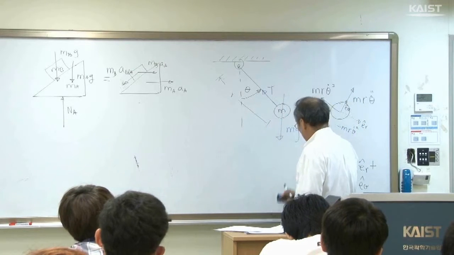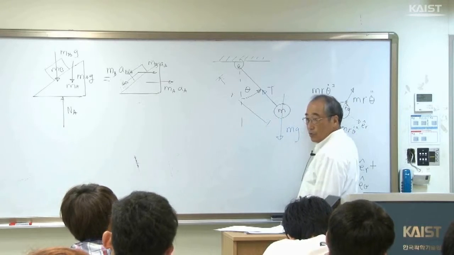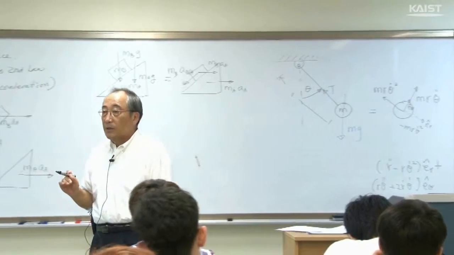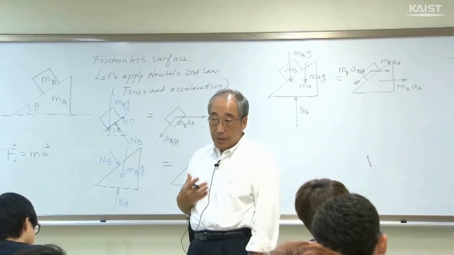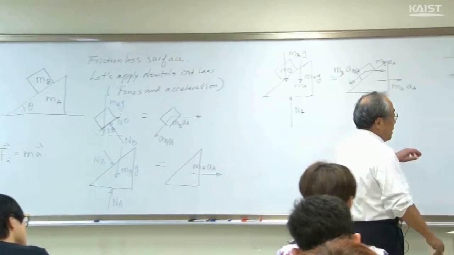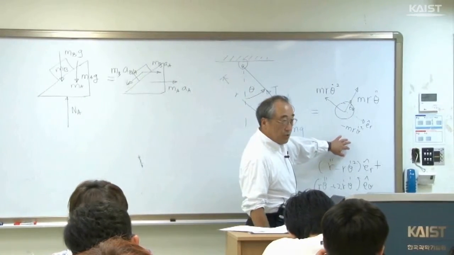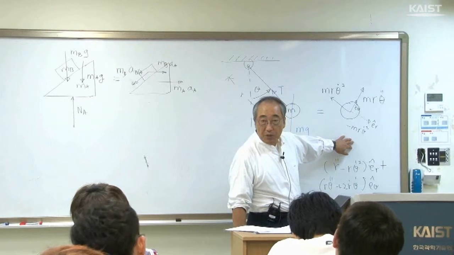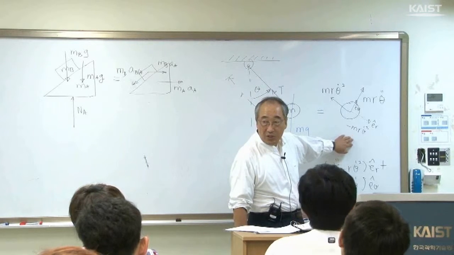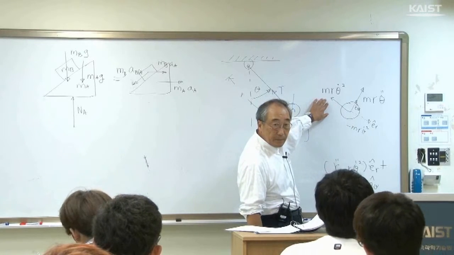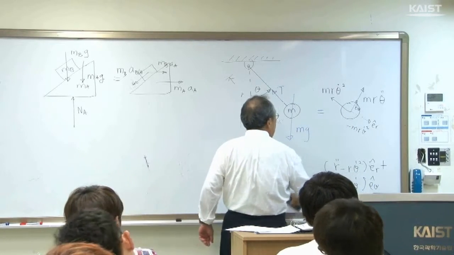If you want to use this coordinate, you can use m r theta dot square. That seems to follow the physics we can anticipate. But in the beginning, as I said, I suggest you follow strictly the sign convention we learned in the lecture. So please use this instead of that. Okay? So let's erase this.